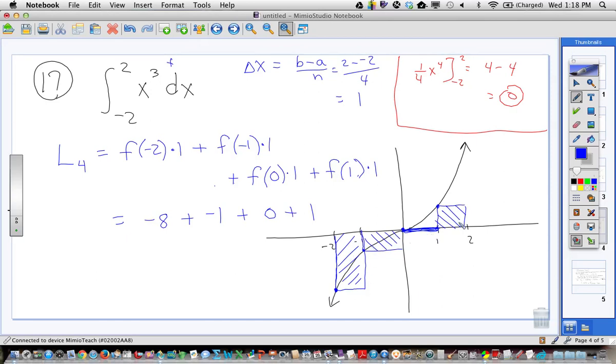Now, there will come a time where we won't draw these pictures that much. Our next quiz, yeah, you'll be drawing some pictures. Today's homework, a lot of pictures. Okay? But there will come a time where we will do these approximations where all you'll do is write this. You won't need the picture. And if you think about it, it's not that hard. You're going to say, well, okay, how wide are they? They're each one wide. Where do we start? -2. Okay, so the first one, rectangle height would be -2.